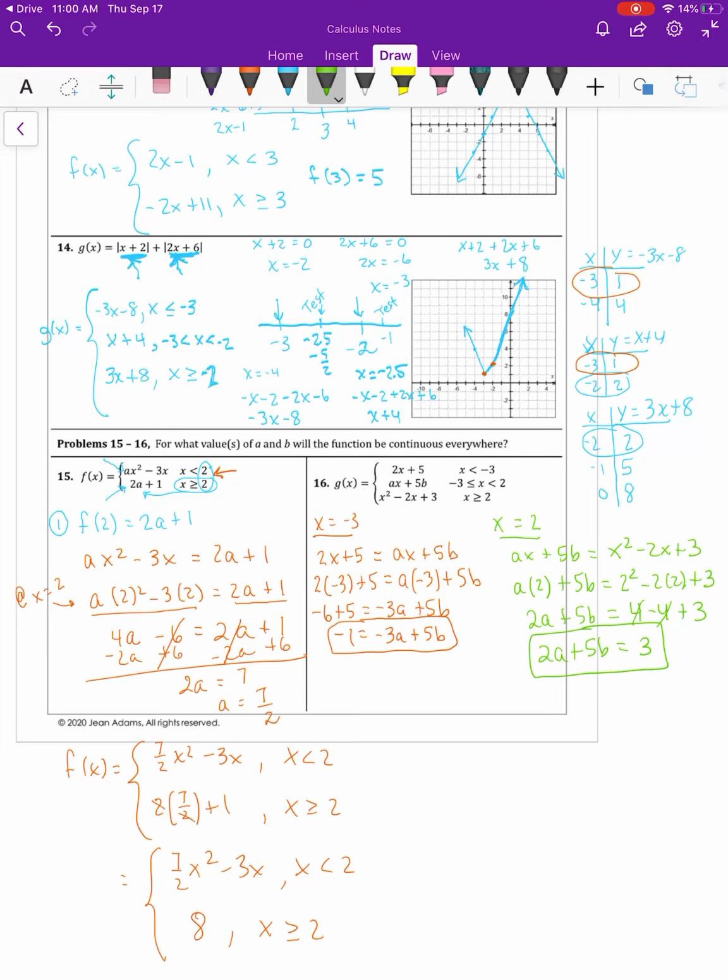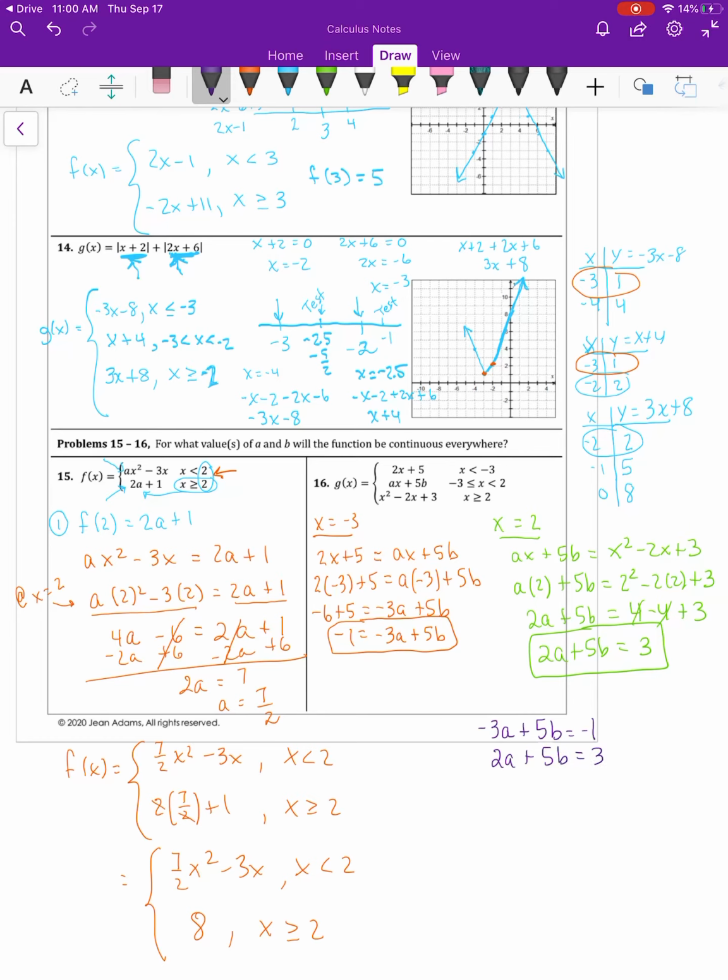There's my second equation. Now, I want this all to happen at the same time. So what I'm going to do is I'm going to say, if I solve these simultaneously using substitution or elimination, I can get continuity for all of them, okay?